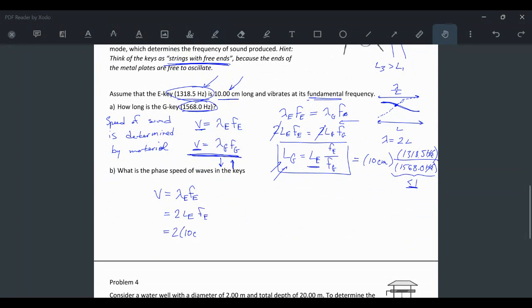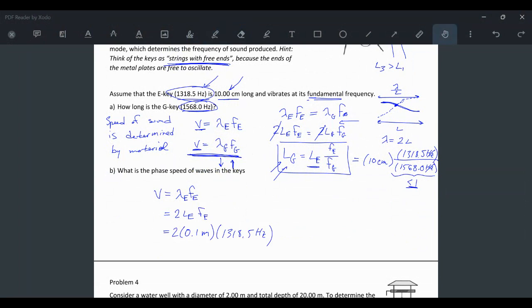At this point, we have everything we need. If we want speed in meters per second, not centimeters per second, it would be good to convert the centimeters into meters. And we have 1318.5 hertz. So you can plug that one in too.